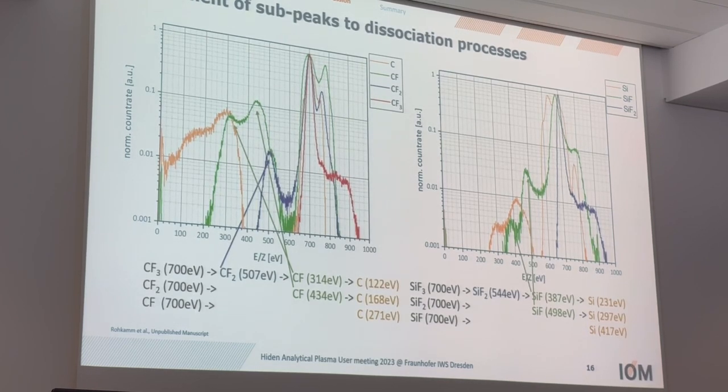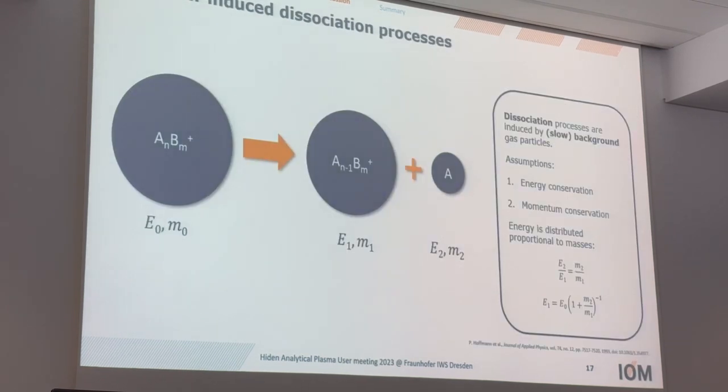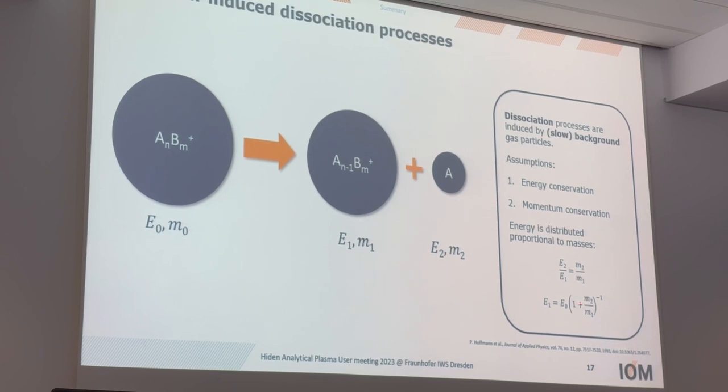And in the case of very light species such as C plus or CF plus, they can even lead to a coating of your etched sample. So you have a picture of the dissociation process. You have a heavy ion which is dissociating into smaller fragments, and by assuming energy and momentum conservation, of course, you can calculate that the energy is split according to the masses.